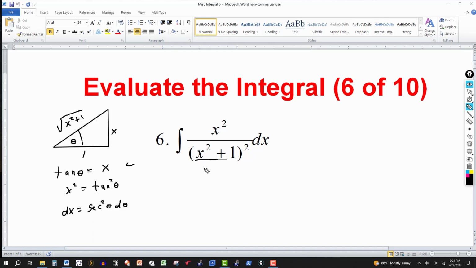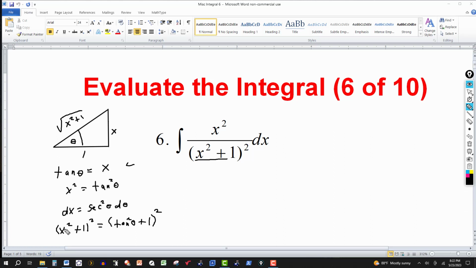And then for the denominator, I've got x squared plus 1, quantity squared. So again, I'm going to use the substitution x equal to tangent theta. Right here I have the x, put tangent in there. That's going to give me tangent squared theta plus 1, and then that will be squared.